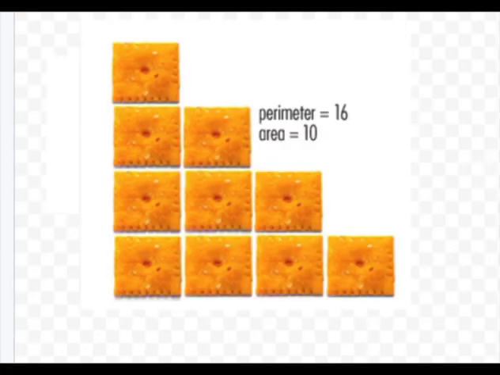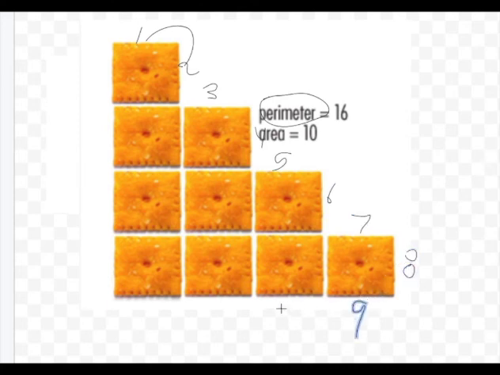Okay, this next one, it looks like Super Mario Brothers, kind of. Okay, perimeter. It's a big perimeter, probably because there's a lot of corners. So I'll write the 1 at the top. 1, 2, 3, 4, 5, 6, 7, 8, 9, 10, 11, 12, 13, 14, 15, 16.